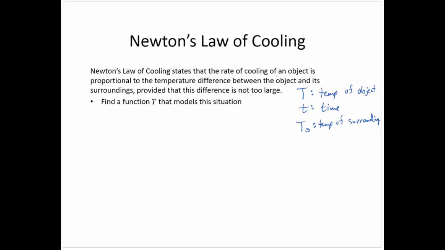The rate of cooling of an object, well, that's the change in temperature with respect to time. So dT, d big T, d little t, is proportional to, is k times the temperature difference between the object and its surroundings.